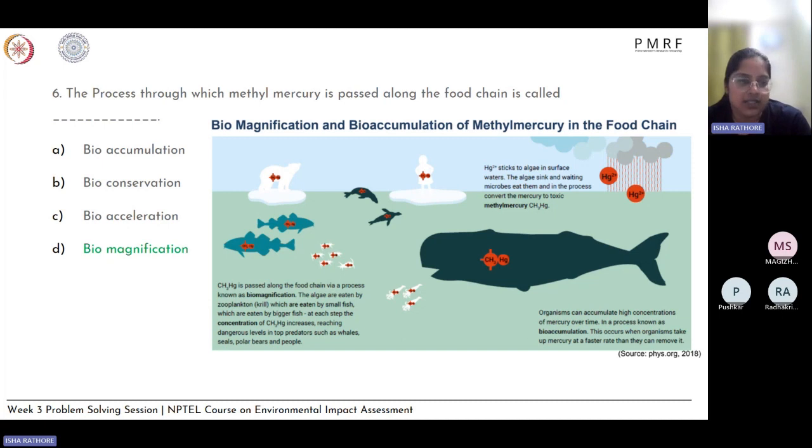So the algae are eaten by the zooplanktons, which are then eaten by small fishes, which are then eaten by bigger fishes. At each step, the concentration of methyl mercury increases. Okay, so biomagnification is the correct answer. So D is the correct answer.